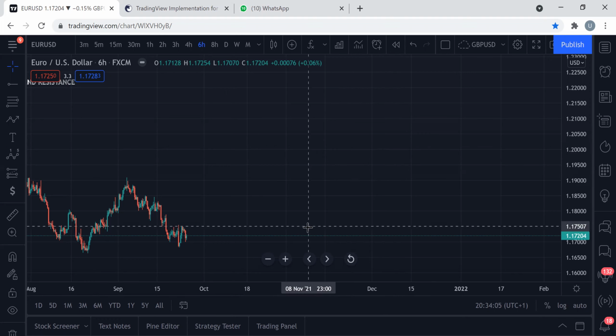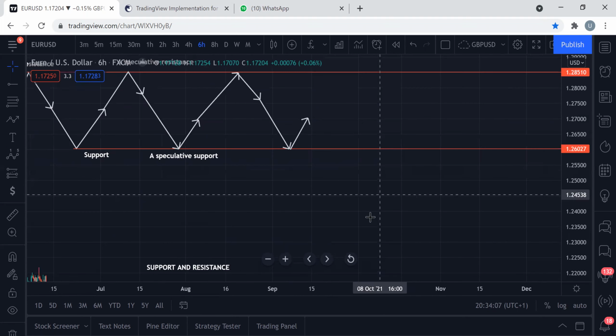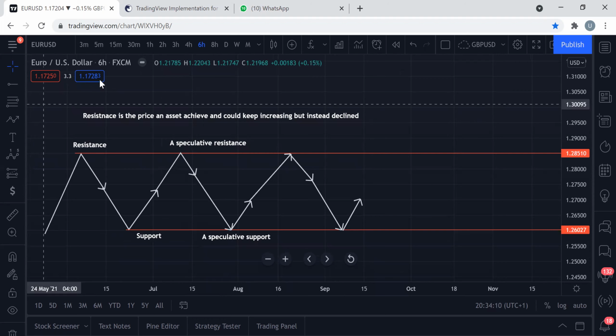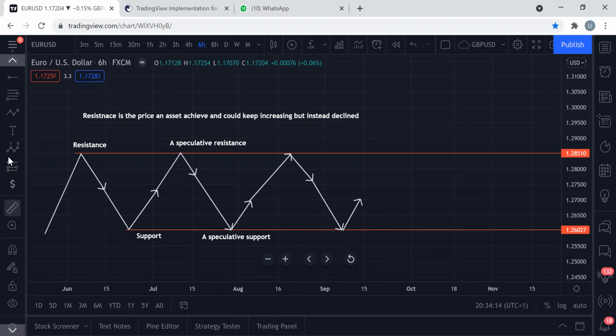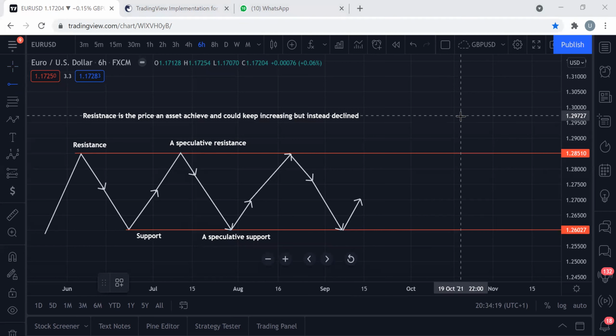And that's exactly what we have in this place. Now, let's assume this EUR/USD is the bag of rice I'm talking about here, and the current price of the bag of rice is the price here. So first year, it gets to 1.28510, it declines.